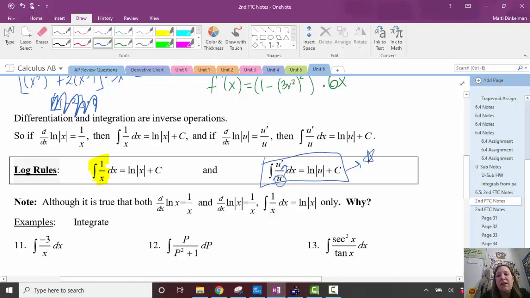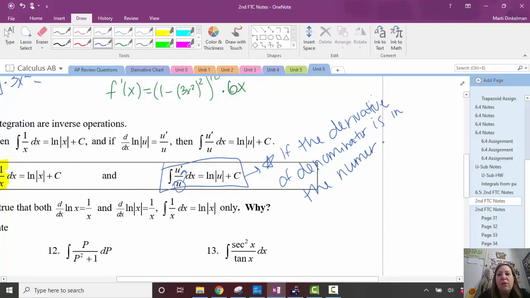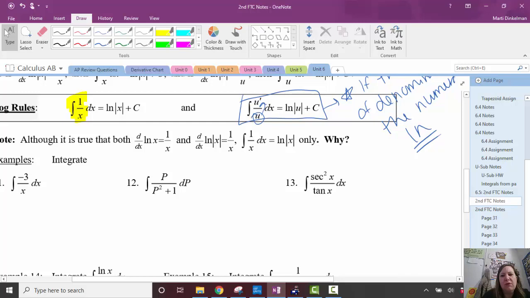So what I like to say for myself is, and I'm going to use math language here, if the derivative of the denominator is in the numerator, it's natural log. I'll show you that, and also show you u substitution there if you'd like.